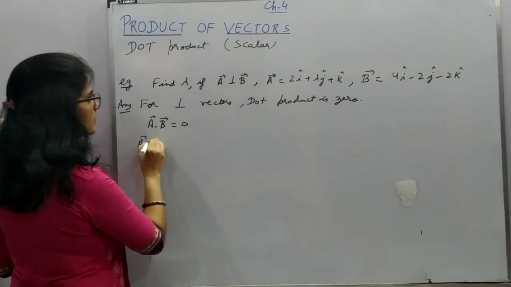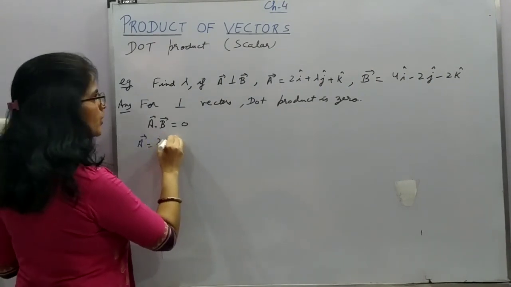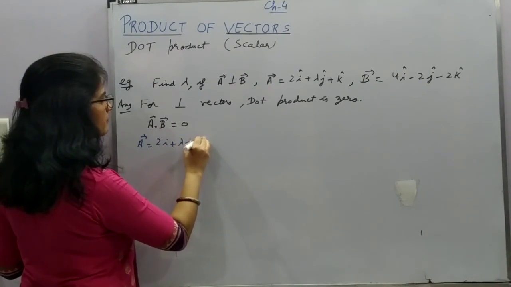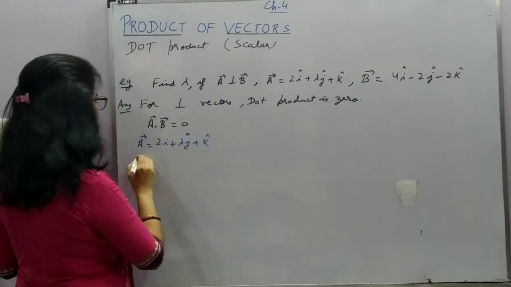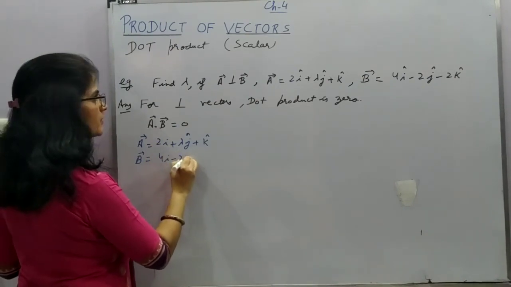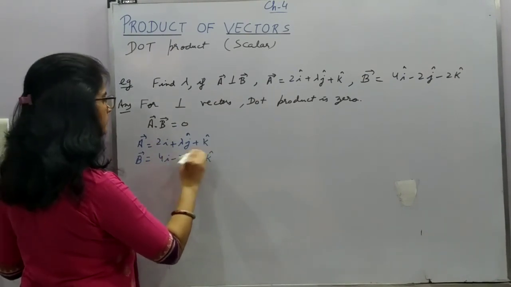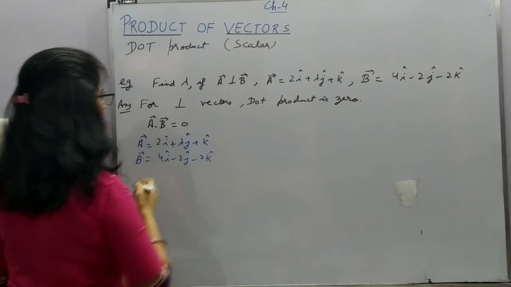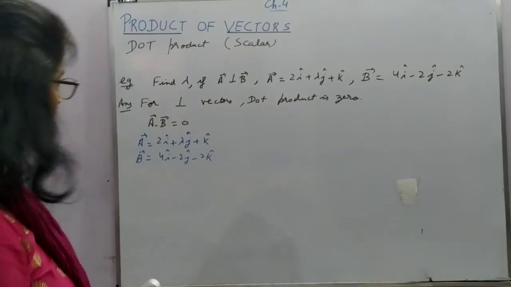So if I have a vector equal to 2i plus lambda j plus k, and b vector as 4i minus 2j minus 2k. Now I have to find a dot b.